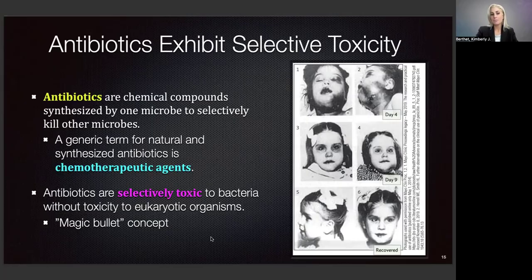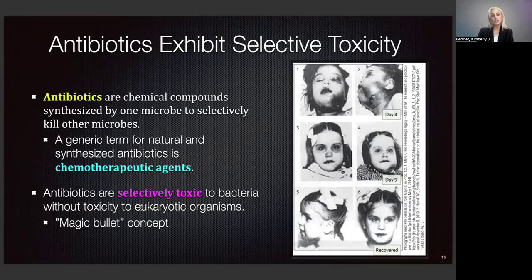Antibiotics are kind of known as the magic bullet because, again, it only affects the bacteria, and that's what makes it selectively toxic. If we look back at viruses, we know viruses are difficult to kill because of the selective toxicity. Viruses use their own machinery, so it's very, very hard to target viruses. If we were looking at chemotherapy, treatment for cancer, that's even harder because here we're treating our cells in our body.